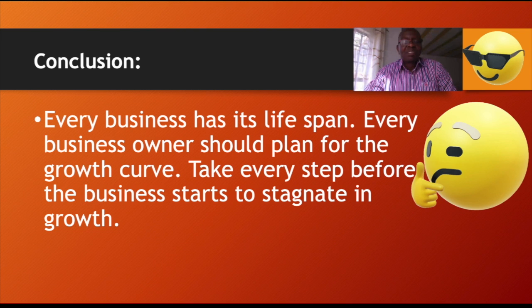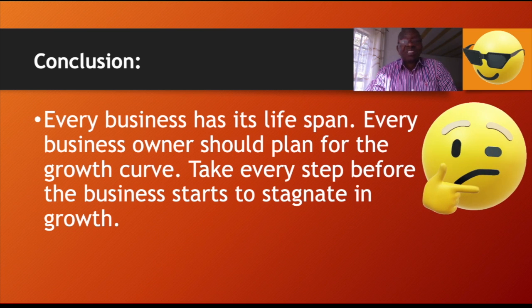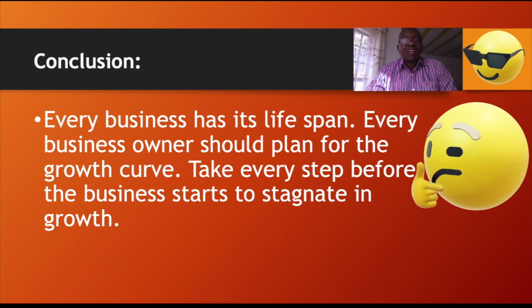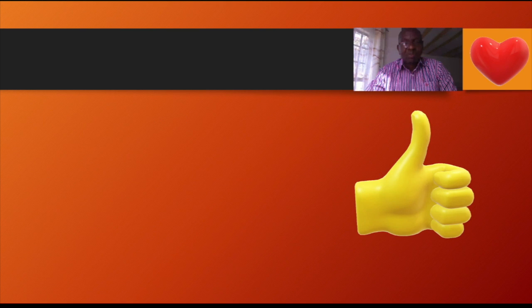You remember every business starts with a graph going up, but it reaches a point where it will either stagnate or start to come down. So you need to analyze that so that you can do things that will keep your business on the upward trend. If you do these and you do them successfully, your business is going to make profit. You start a business from scratch and you are going to make a lot of profit.